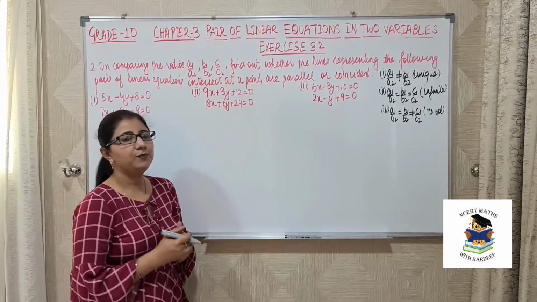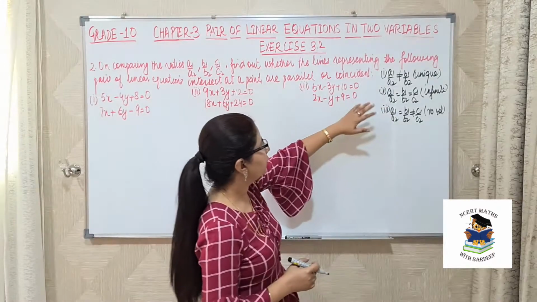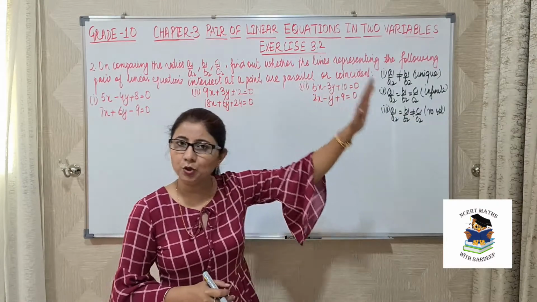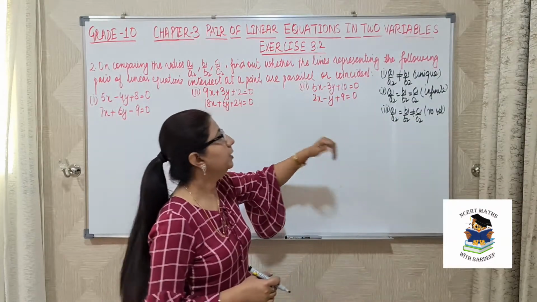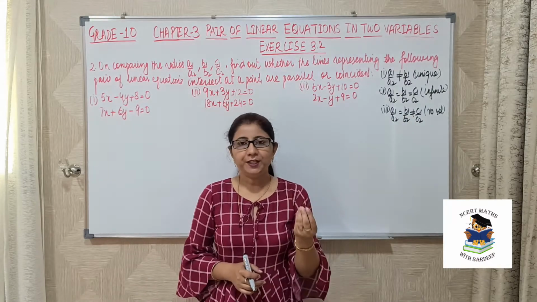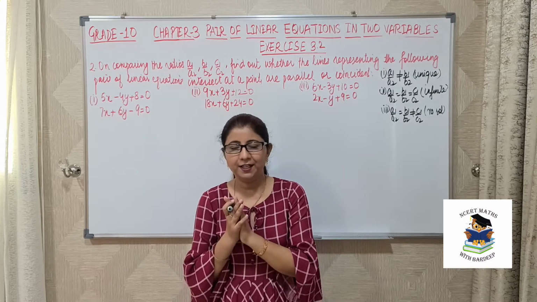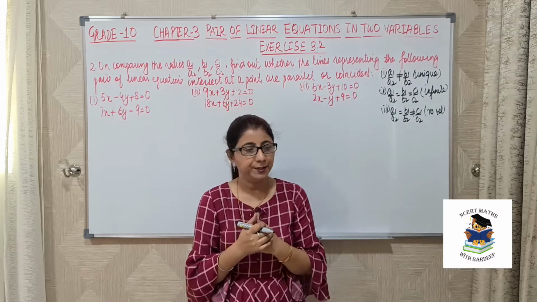As I have already explained in the introduction video, depending upon these ratios, if a1 by a2 is not equal to b1 by b2, then the equations will have a unique solution. Unique solution means one common point, that is they are intersecting lines or intersect at a point.